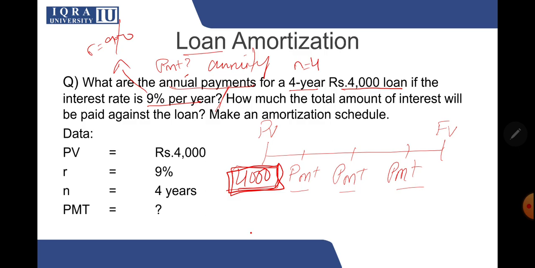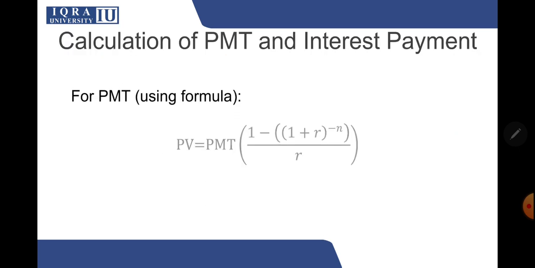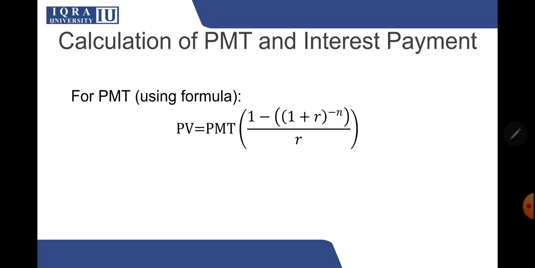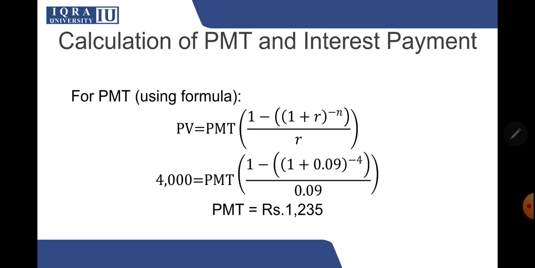You already know how to calculate the PMT in these cases. So you're going to use the present value formula. You're going to plug in the values. So the present value is 4,000, the rate was 9%, and the N was 4. I'm going to solve this bracket first. So I'm going to solve it for you so there is no confusion.